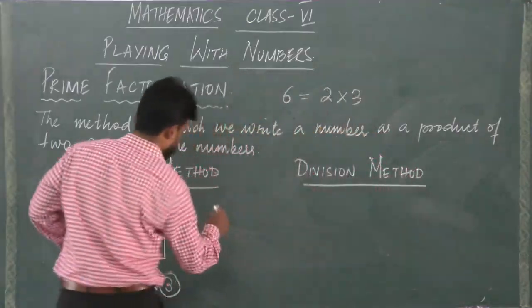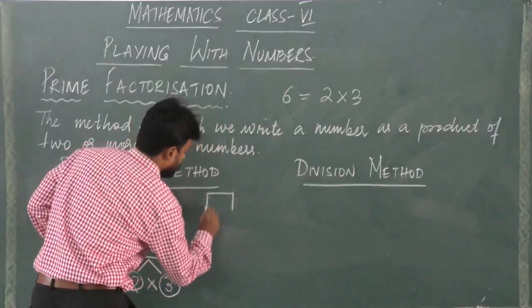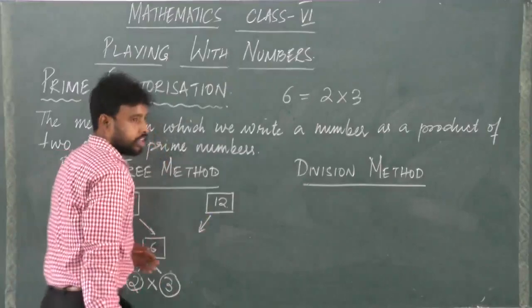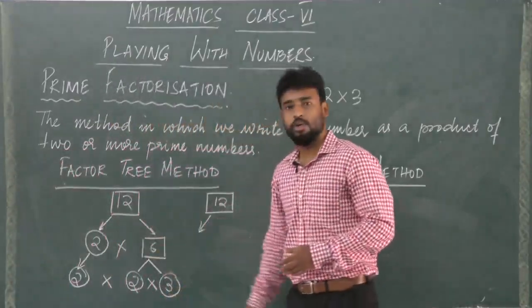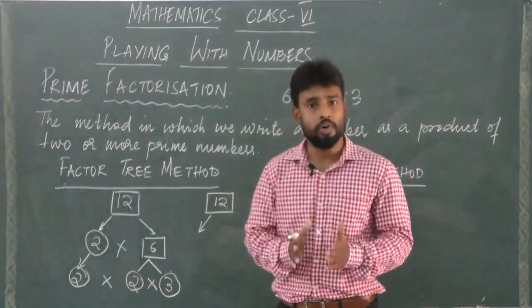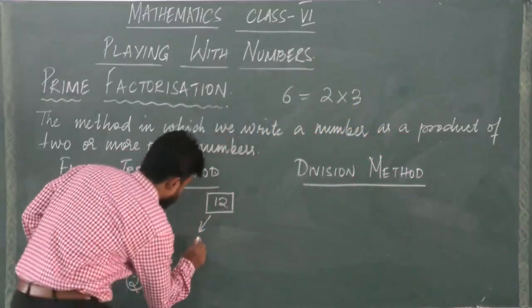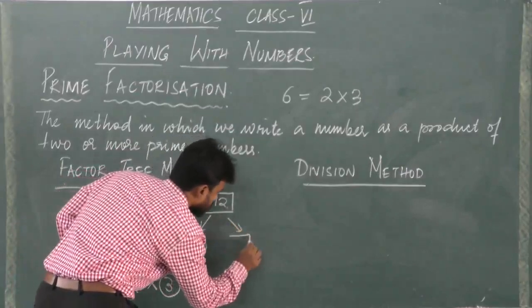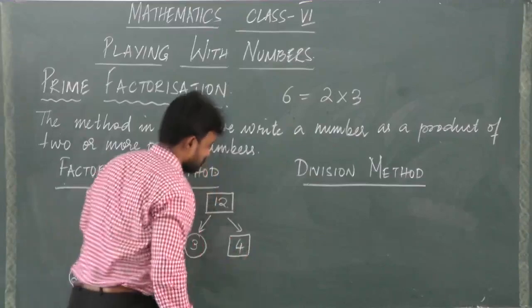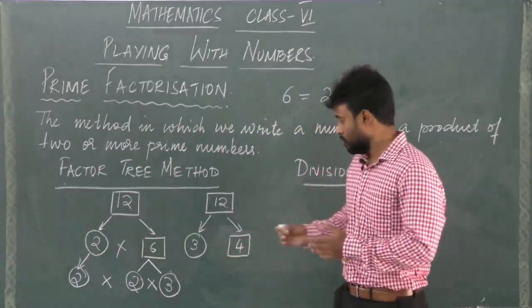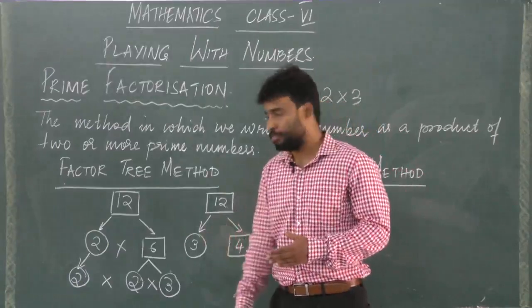Let us see that. We started with 2 here, now we'll start with 3. Now 12 can also be written as 3 into 4. So I've written 3 in a circle because 3 cannot be further factorized, it's a prime number.